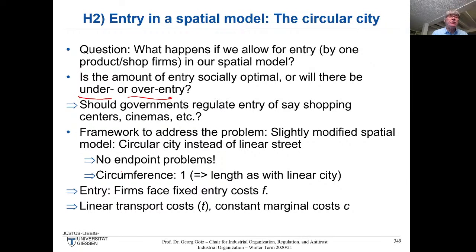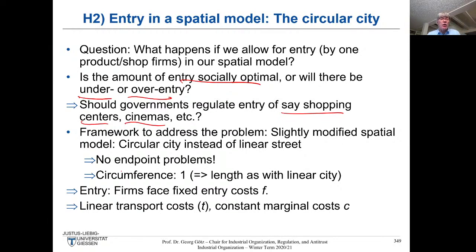Okay, and so will the amount of entry, and therefore the variety of products or shops available, be too high or too low? An interesting policy question is, in a sense, whether we should have regulation of, say, shopping centers and cinemas.